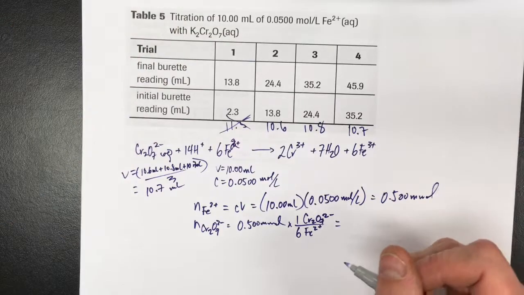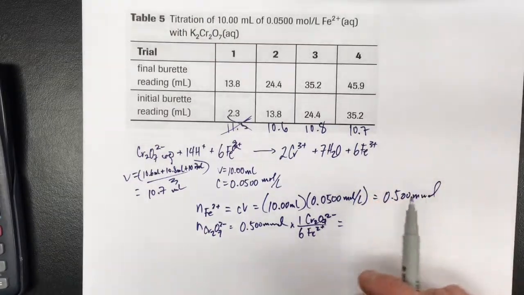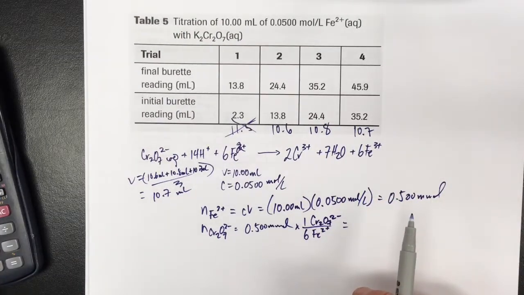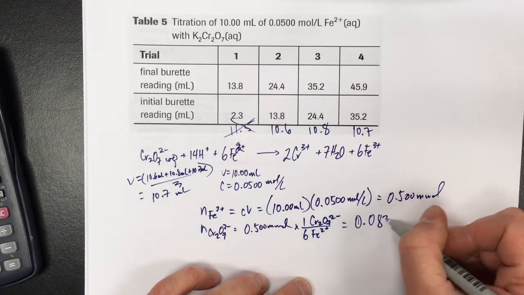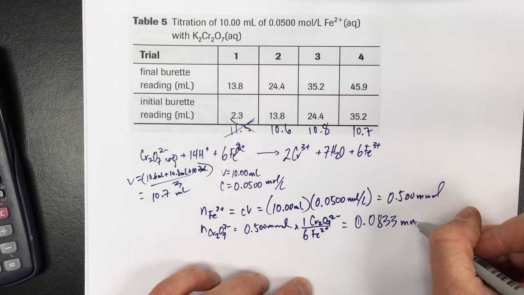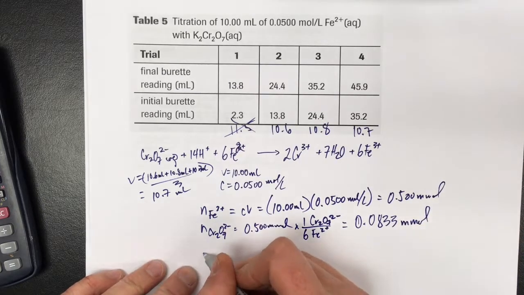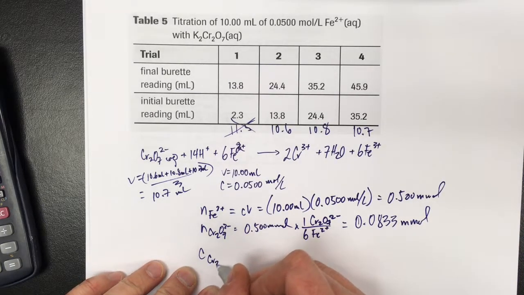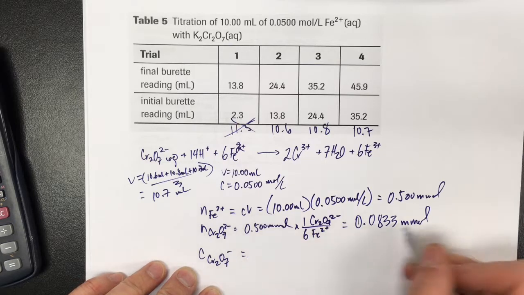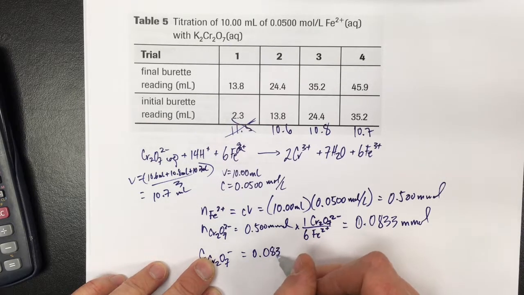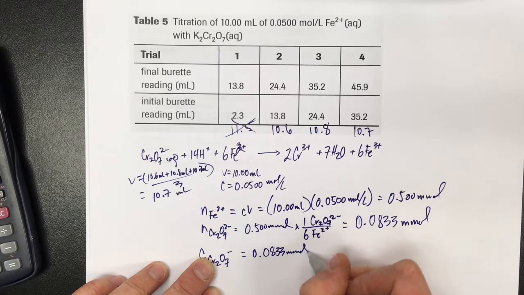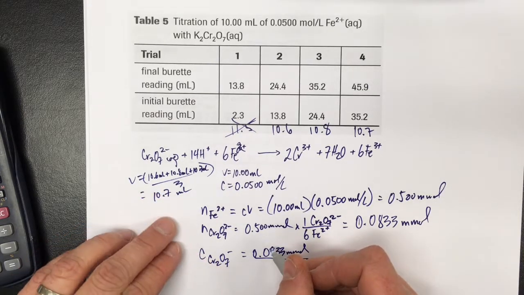This is going to give me my number of moles of dichromates. So I take 0.5 divided by 6, so I get 0.0833 millimole of dichromates. And then I can calculate the concentration of dichromates by taking the number of moles, so 0.0833 millimole, divided by the number of milliliters.